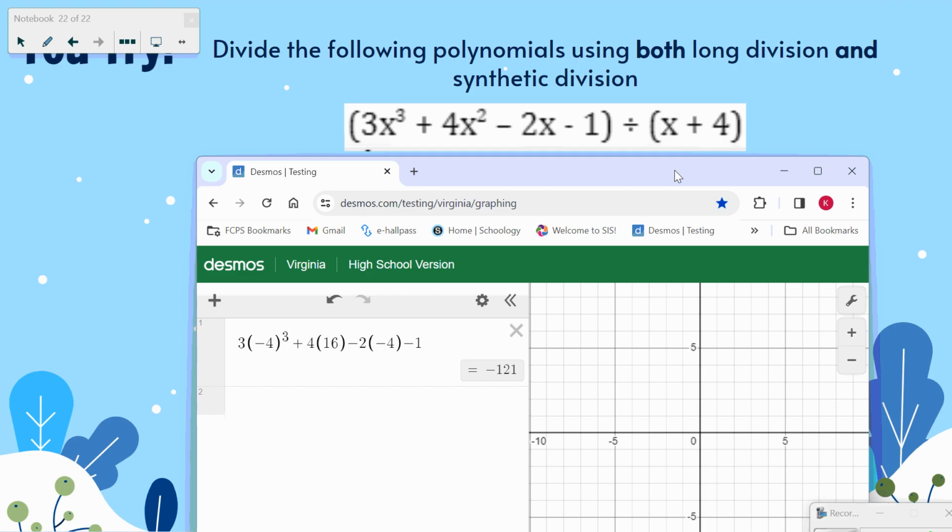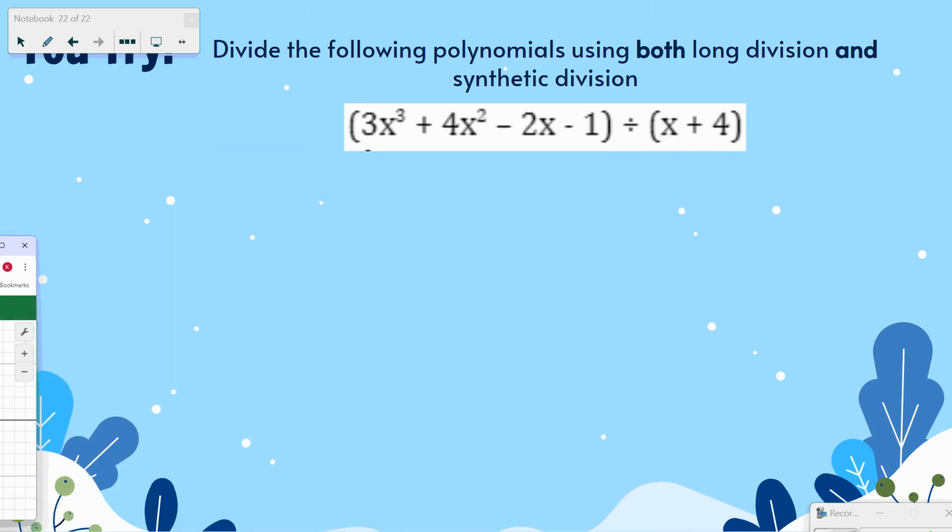If I plug that into the polynomial I'm dividing into, that is going to equal the remainder, negative 121. Cool, right? That's a good way to check, after you got the remainder, if it was indeed correct.